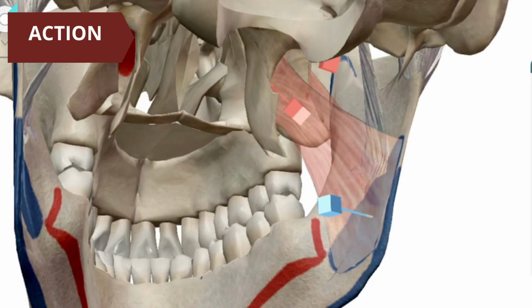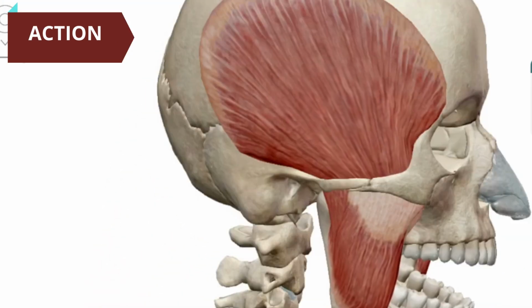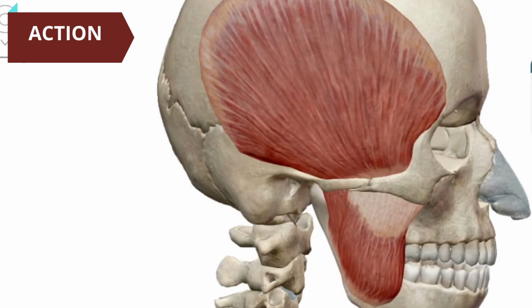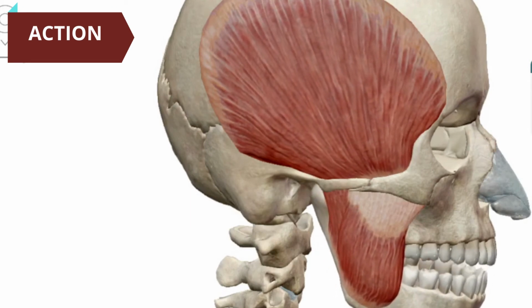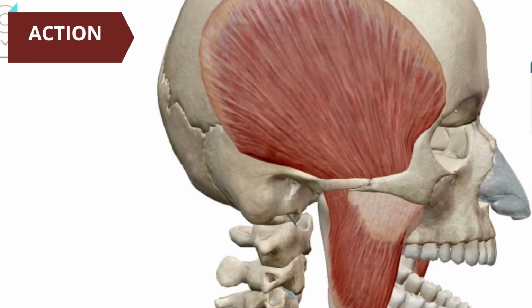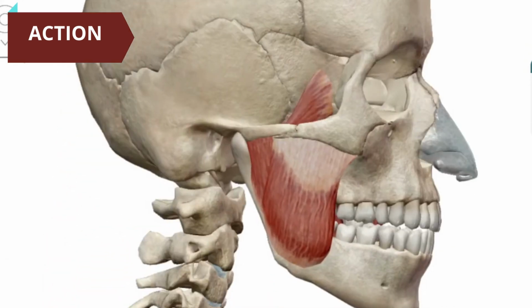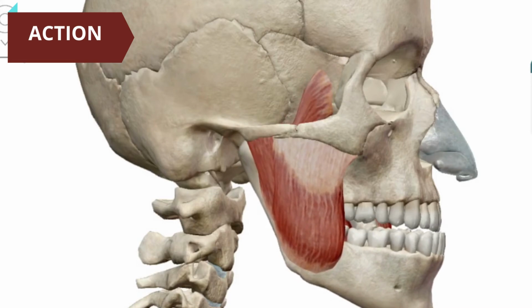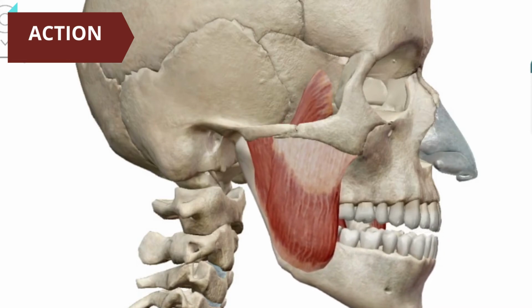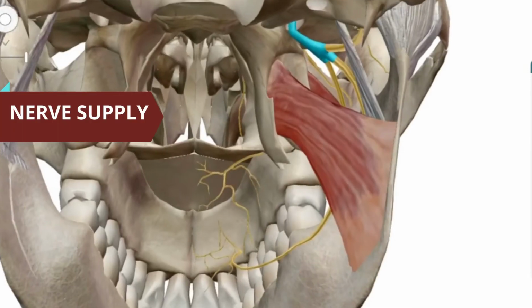Now action: it leads to elevation of the mandible as well as protrusion and side to side movement. Now nerve supply.